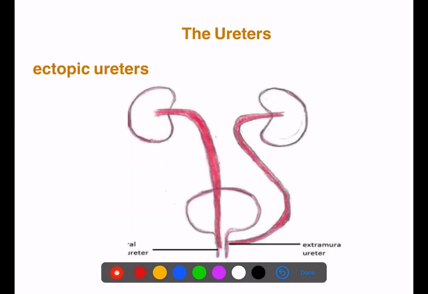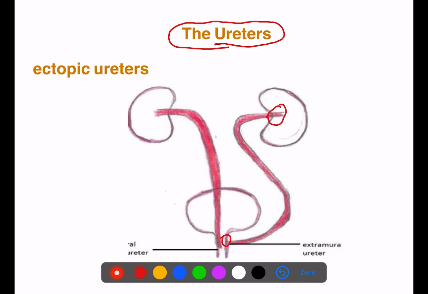The second part of the upper urinary system is the ureter. The ureter transports the urine from the kidney to the bladder.